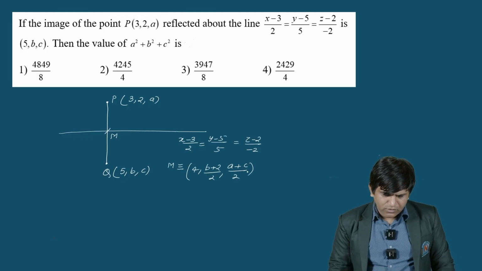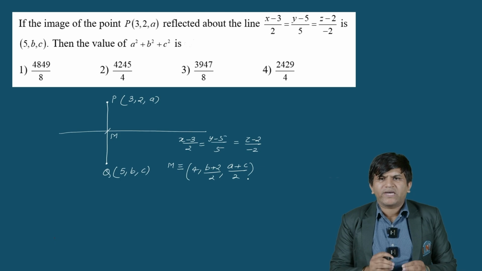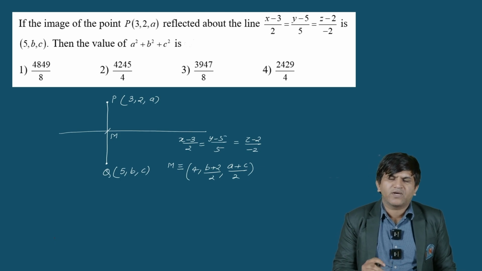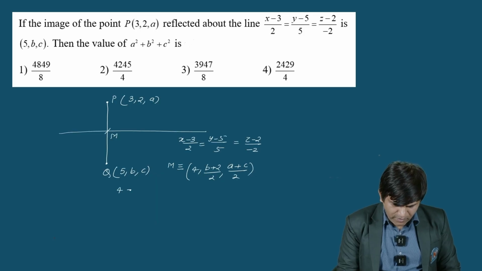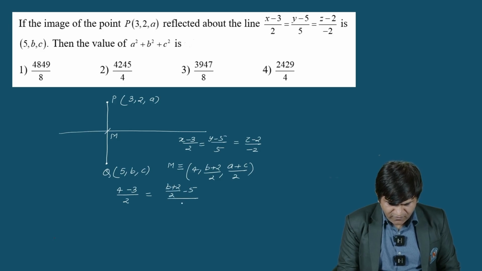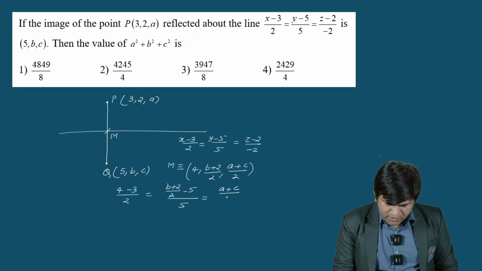From here we can simply say that this point M must satisfy the given equation of line. So we can write (4 minus 3) by 2, which will be equal to ((B plus 2) by 2 minus 5) by 5, and for Z we replace with ((A plus C) by 2 minus 2) by minus 2.